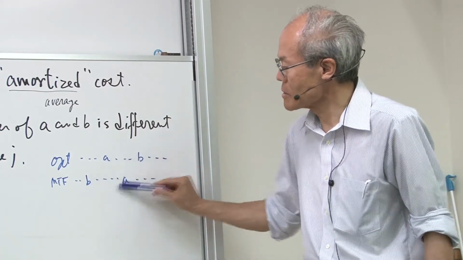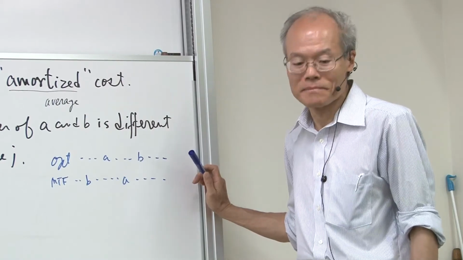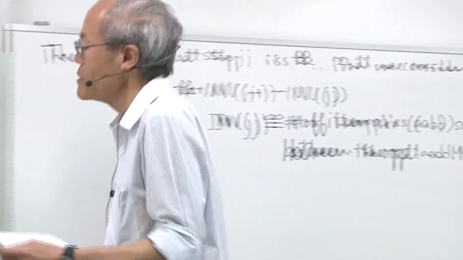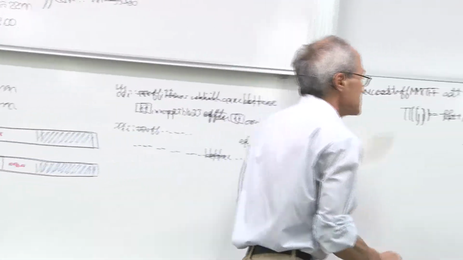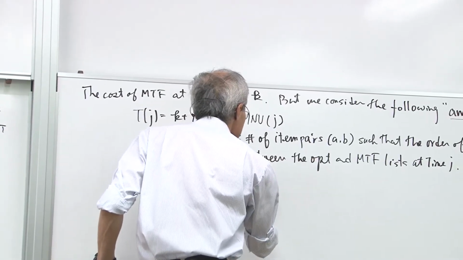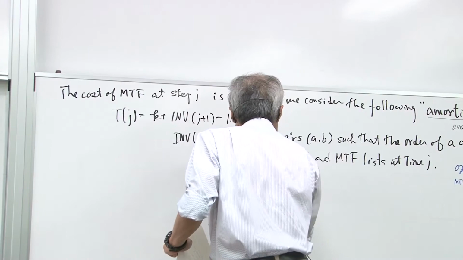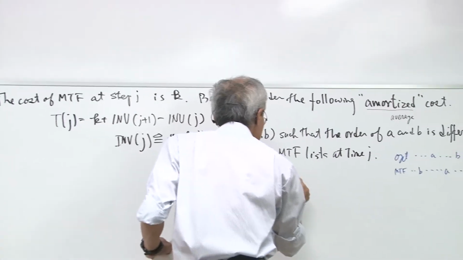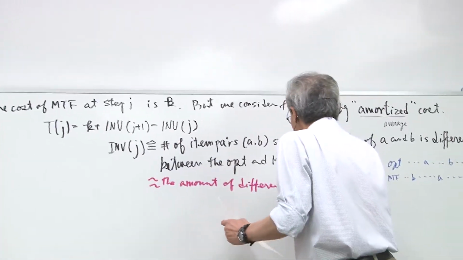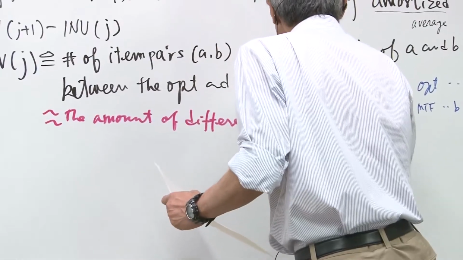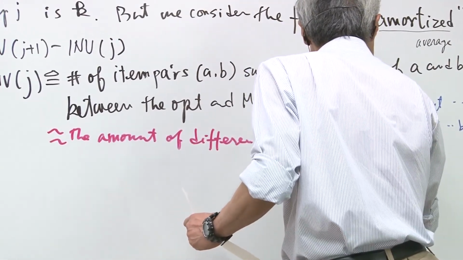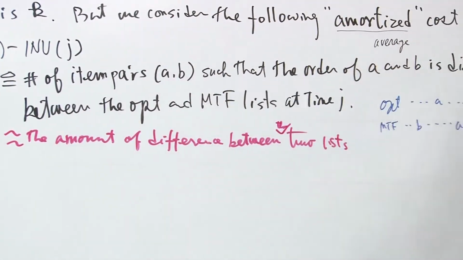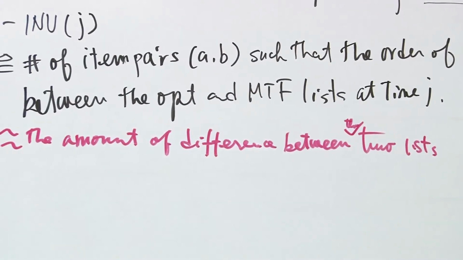The number of such pairs is inverse J. Intuitively speaking, that is the amount of difference between the two lists.